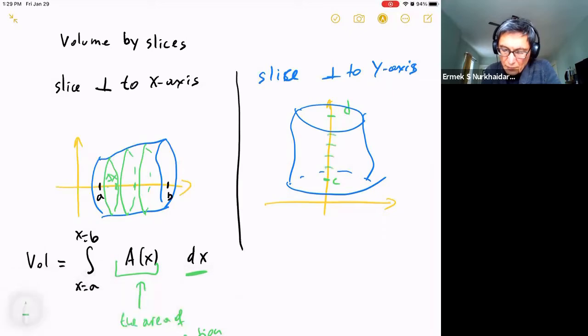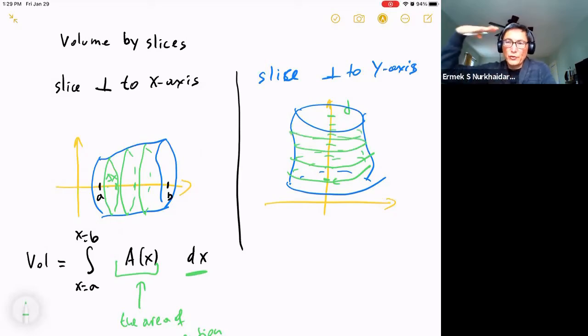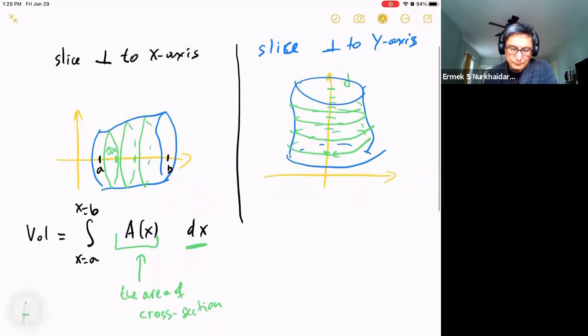When we slice, we have those traces on the y-axis, and our slices are going to look something like this. So we're going to have horizontal slices.